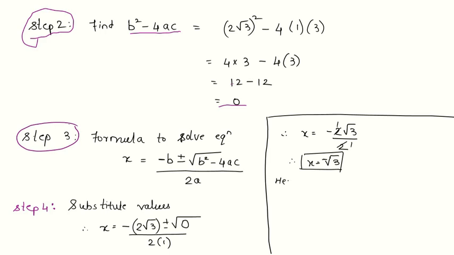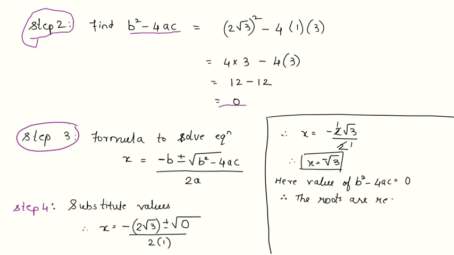Here, the value of b square minus 4ac is equal to 0. Therefore, the roots are real and equal.